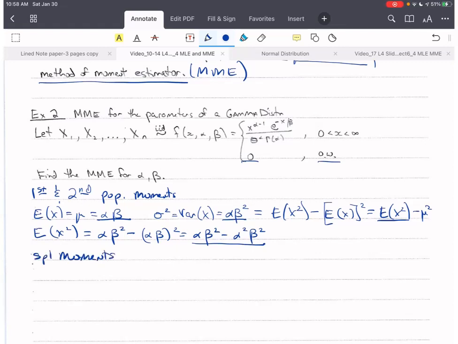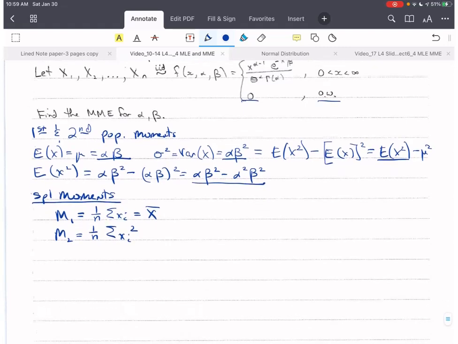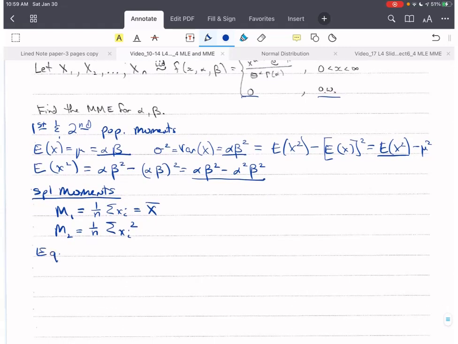The sample moments are m1 equal to 1 over n sum of x_i, which is x bar, and m2 equal to 1 over n sum of x_i squared. So we need to equate the population and sample moments together.